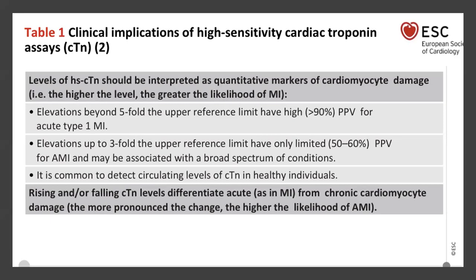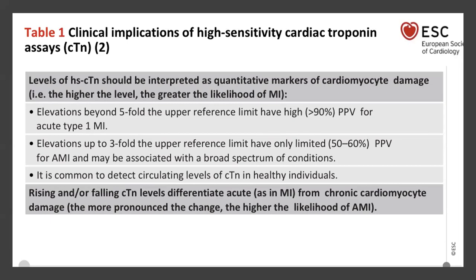So an elevation beyond 5-fold the upper reference limit, like we said, the more than 99th centile, is for an acute type 1 myocardial infarction. Then you can have an elevation of up to 3-fold the upper reference limit, which is only limited to 50 to 60% for an acute myocardial infarction, and may be associated with other broad spectrum conditions that we went through earlier.